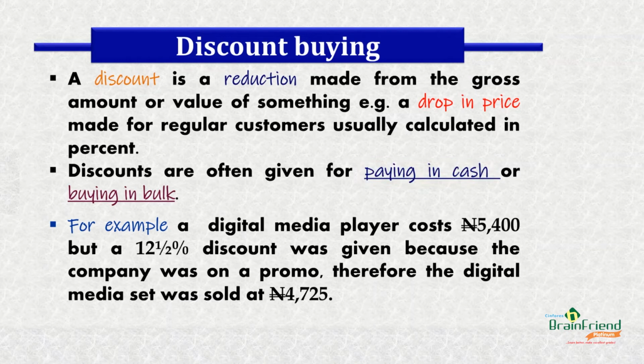For example, a digital media player costs 5,400 naira, but a 12.5% discount was given because the company was on a promo. Therefore, the digital media set was sold at 4,725 naira. So you see, the selling price is now lower than the cost price.